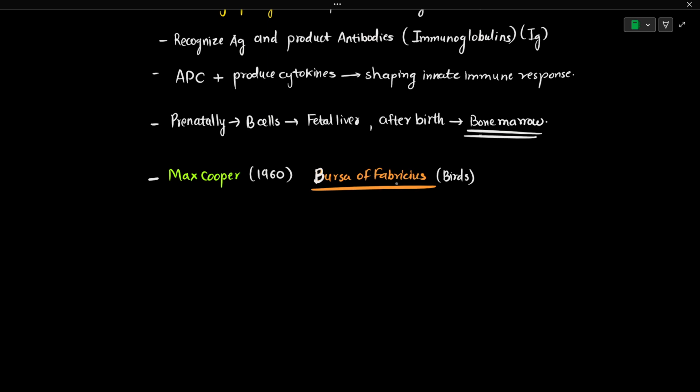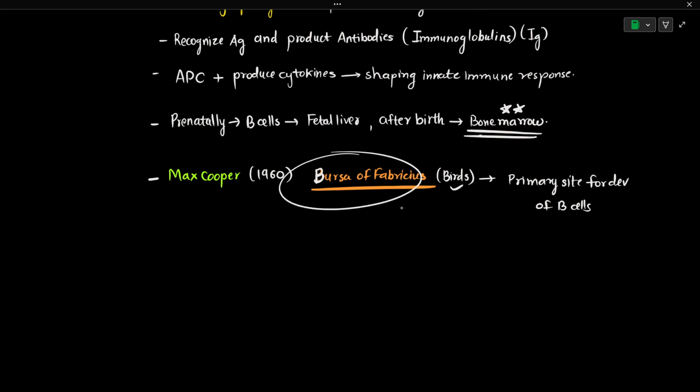So the bursa of Fabricius is the primary site for the development of B cells in birds, but in humans, in the mammals, it is bone marrow. So this is how the B cells got their name after the organ of origin, the bursa of Fabricius.